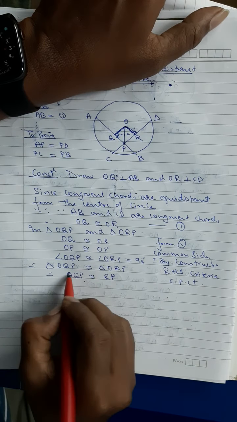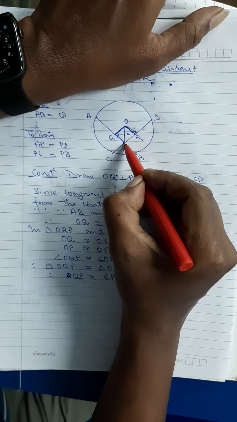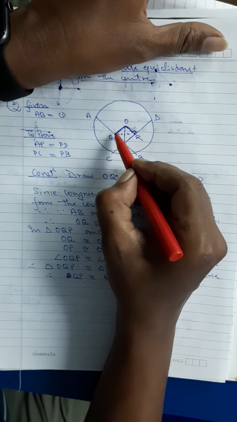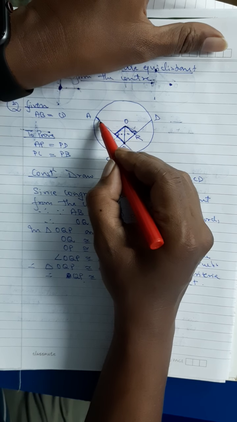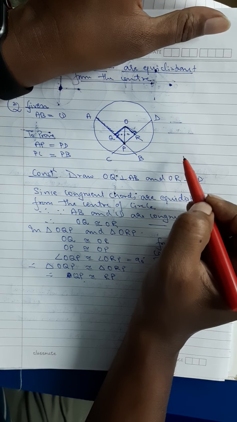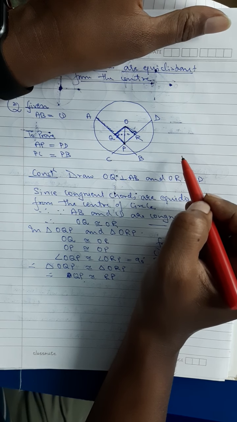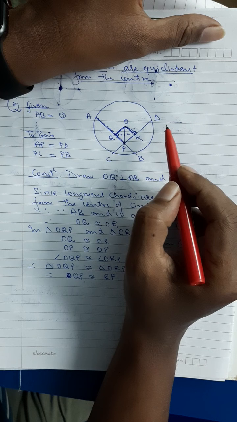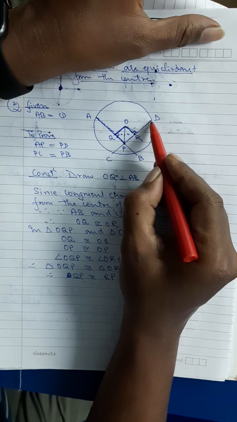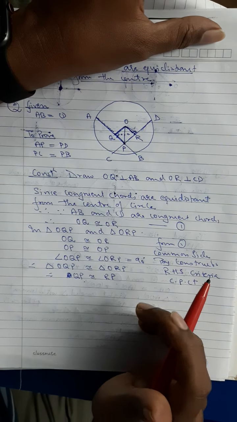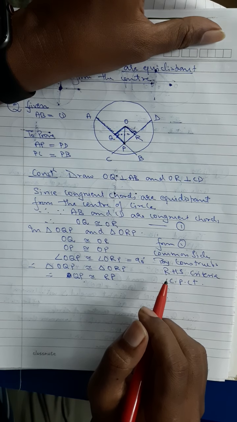Now you have to be very careful. See, I have got only QP is congruent to PR. But if I join this QP to this AQ, try to understand this AQ. That they are congruent, we'll have to prove AQ is congruent to RD also.